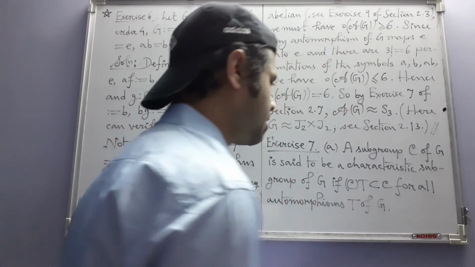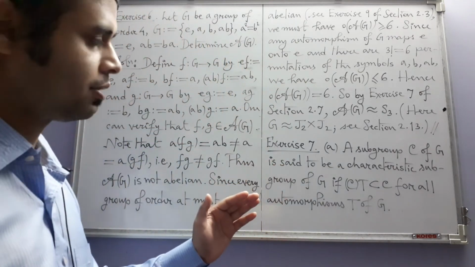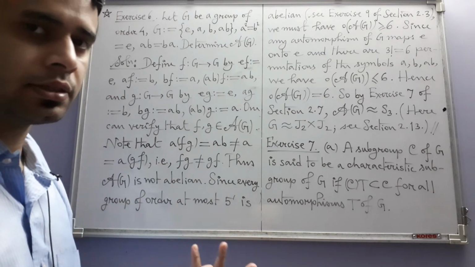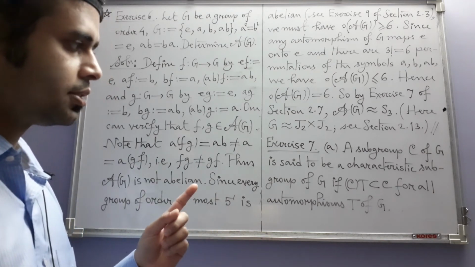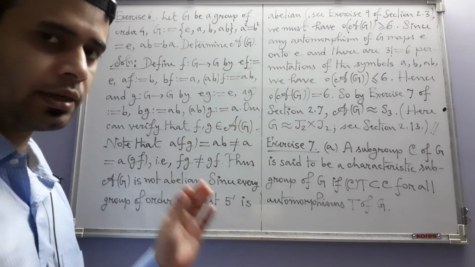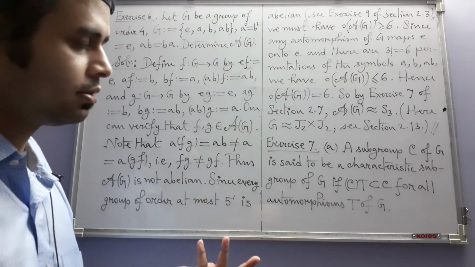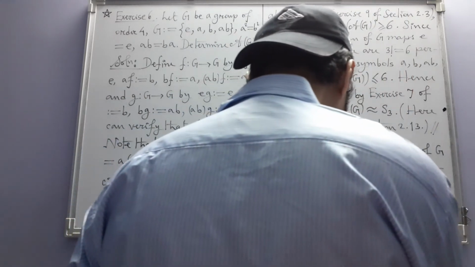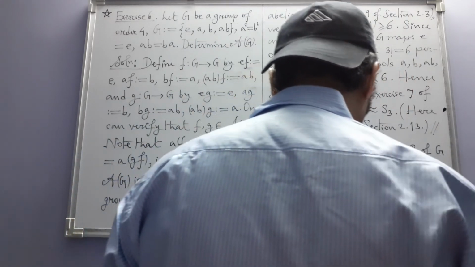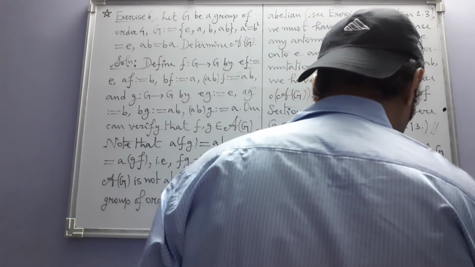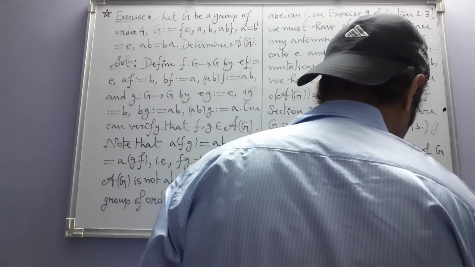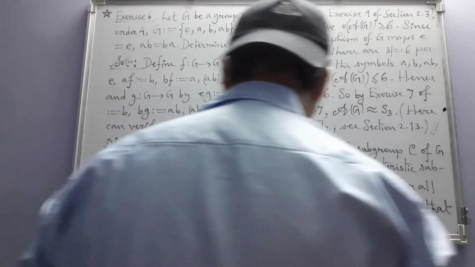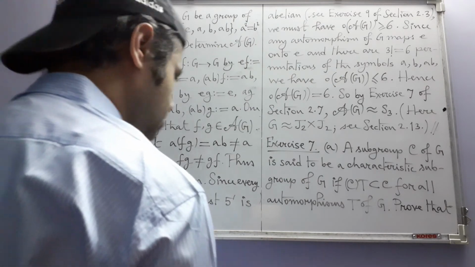Two trivial examples can be immediately thought of. G itself is of course a characteristic subgroup of G, and also the trivial subgroup consisting of the identity element, that is also a characteristic subgroup. So these are trivial examples. Prove that, so this is a necessary condition for a subgroup to be a characteristic subgroup.